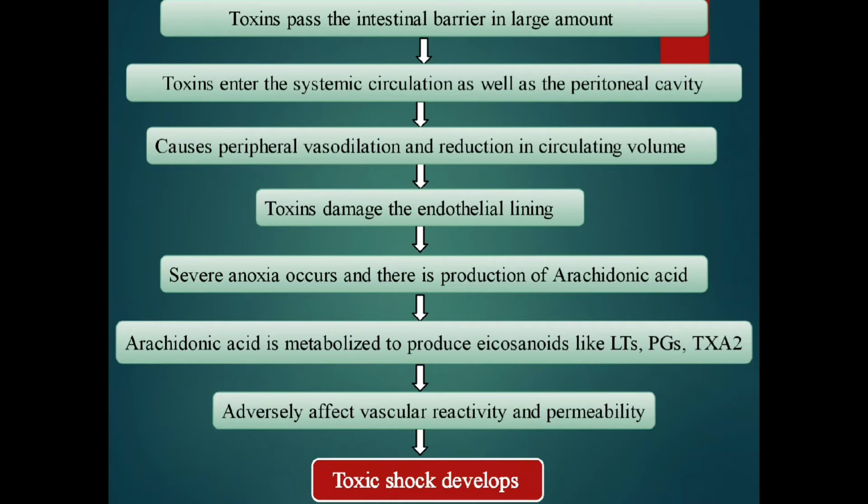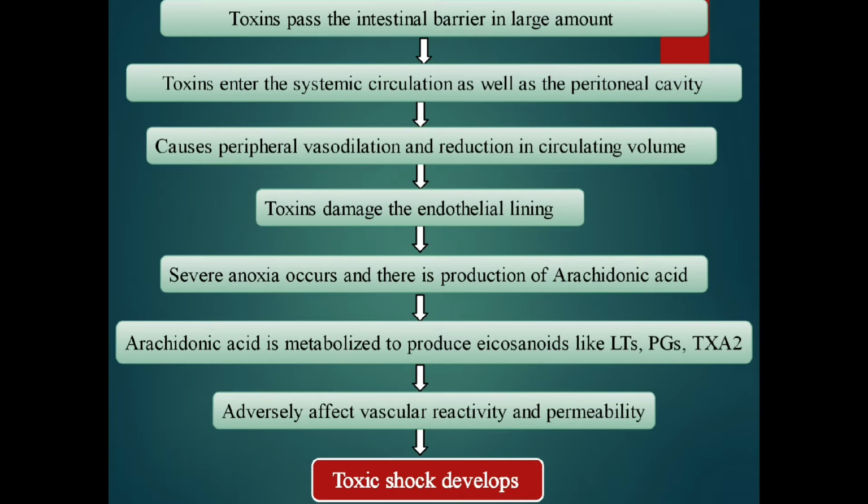Here is the flowchart of endotoxic shock development. The toxin passes the intestinal barrier in large amount. As a result, the toxins enter the systemic circulation as it is not completely metabolized by the liver. It enters the systemic circulation as well as the peritoneal cavity. And this causes peripheral vasodilation and reduction in the circulating volume.